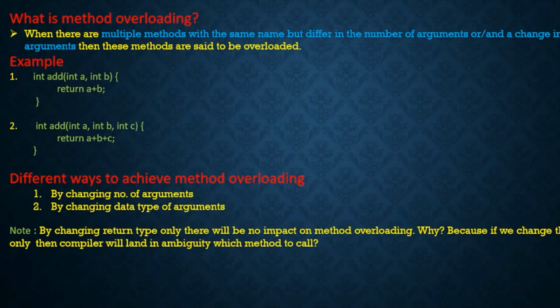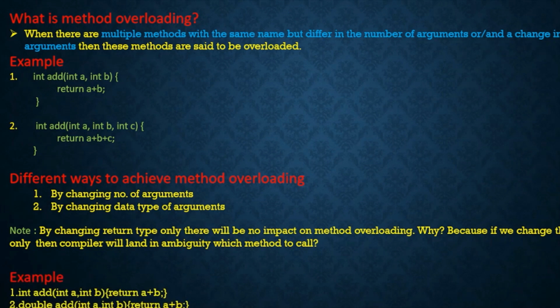Because whenever we are calling these methods, the compiler will find ambiguity about which method to call. So in order to avoid that, this concept is avoided in Java, right? So if you change the return type of the method, it is going to have no impact in case of method overloading. Clear? Okay. This is the example I have already told.